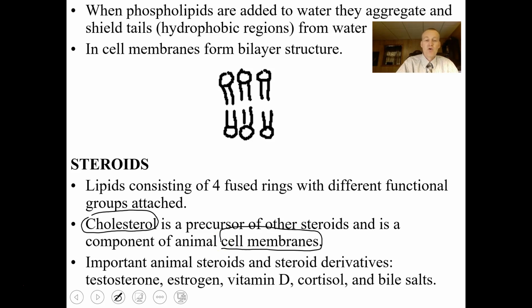So important animal steroids or steroid derivatives would include testosterone, estrogen, vitamin D, which is a steroid derivative. Cortisol is a steroid hormone. It's a stress hormone. And then another steroid derivative would be the bile salts. Bile salts are actually stored in our gallbladder, and they're released when you eat fats, and they help to break down fats.